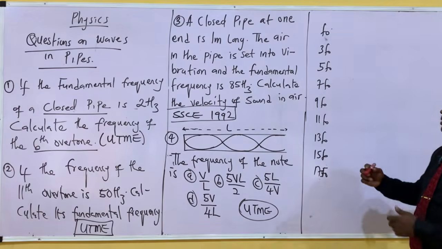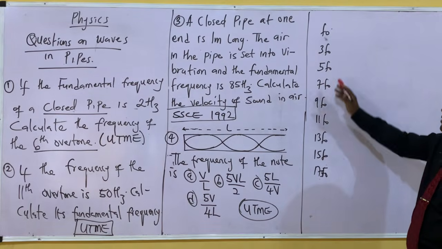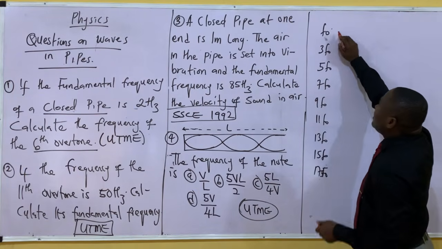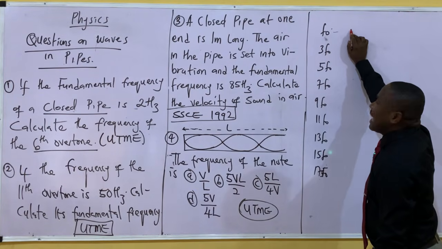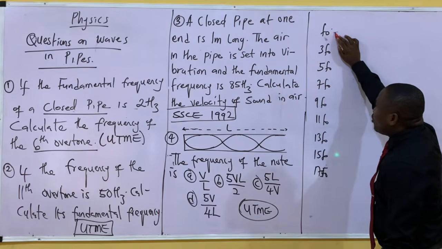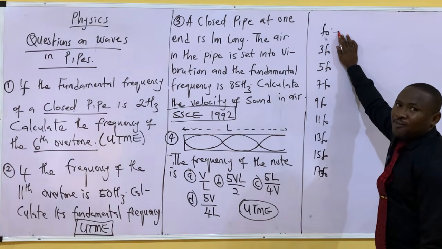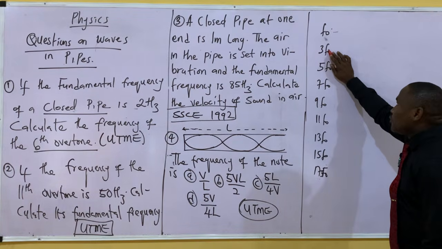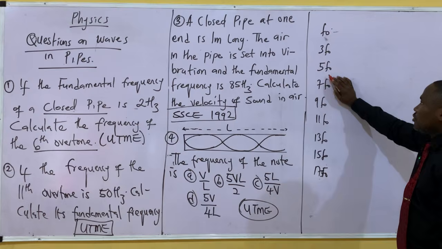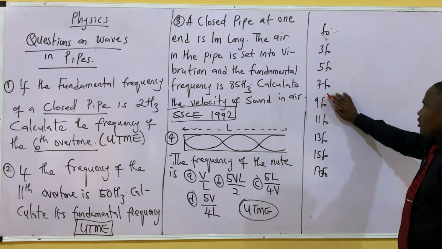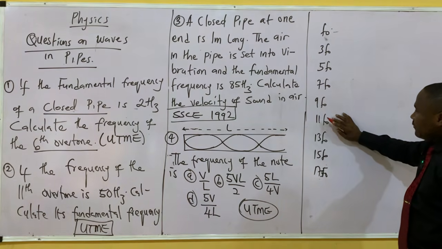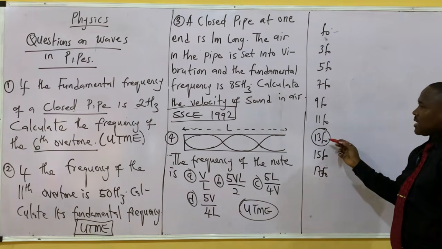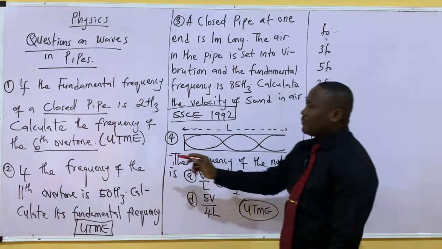So we have it in that manner as in a closed pipe. But remember, F naught is our first harmonic, zero overtone. So this is our first overtone, second overtone, third overtone, fourth overtone, fifth overtone, sixth overtone. So this is our sixth overtone. That's what we are mindful of.